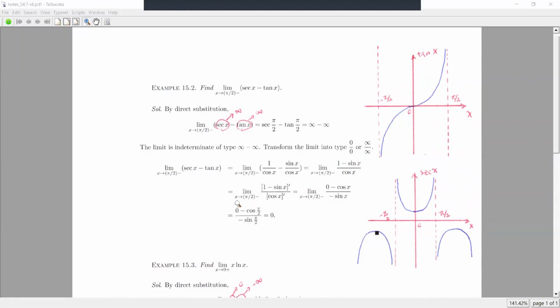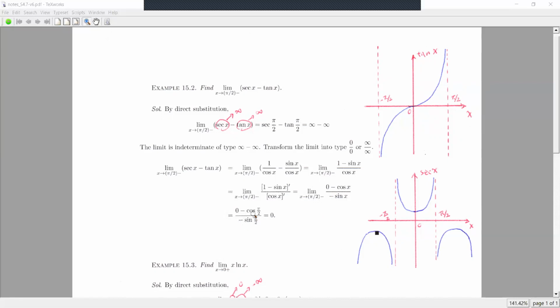By L'Hopital's rule, take the derivative of the numerator over the derivative of the denominator. 1 minus sine: the derivative is 0 minus cosine. The derivative of cosine is negative sine. Okay, now plug in pi over 2 for x, then we get this number.